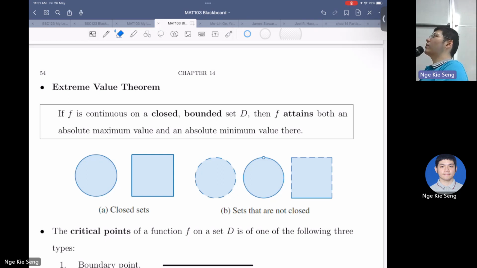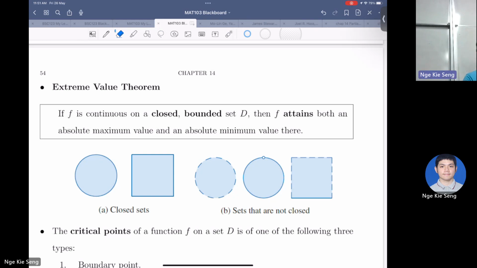So what do closed and bounded mean? Let's start with an example. Closed means it's not open.